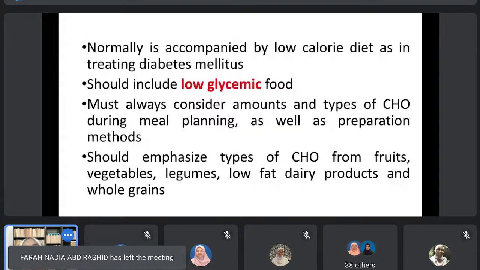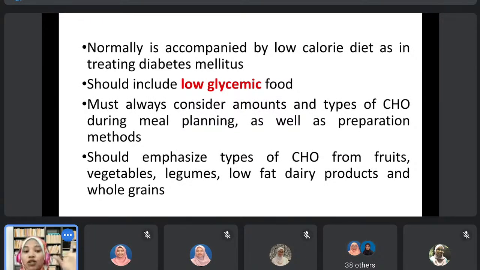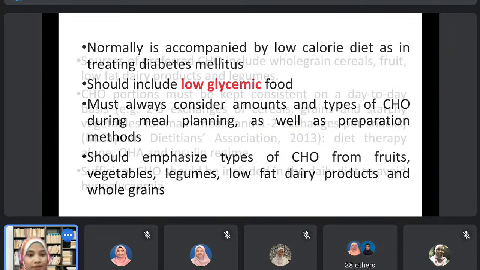You must always consider the amounts and types of carbohydrate during meal planning as well as during preparation. Emphasize types of carbohydrate from fruits, vegetables, legumes, low-fat dairy products, and whole grains.